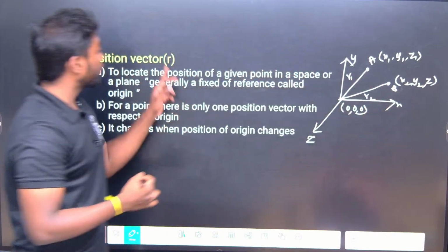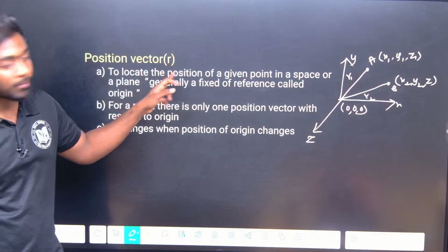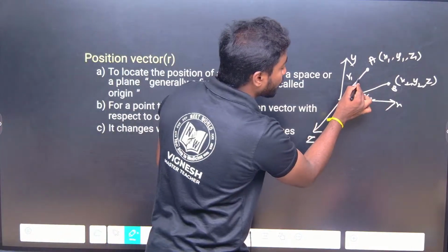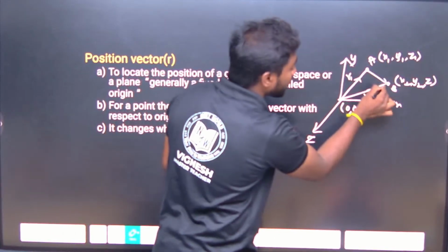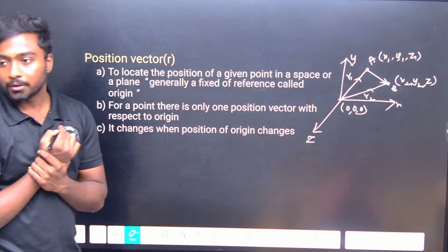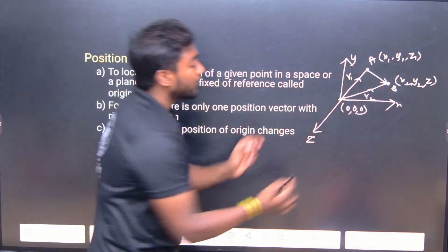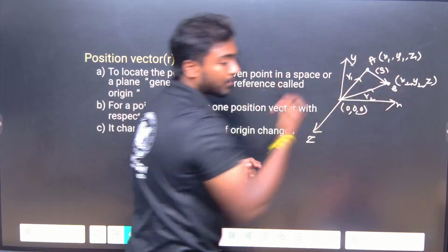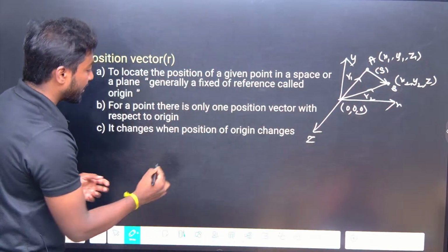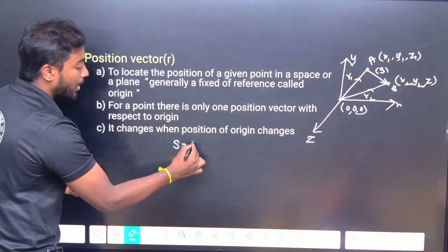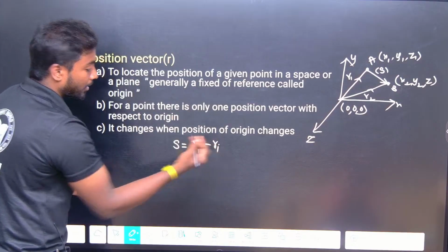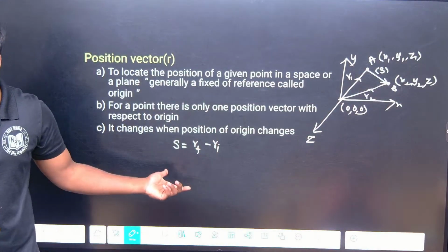Position is denoted by R, the position vector. This is my resultant vector. Here it is displaced, that is S, symbol S. S is nothing but change in position, final minus initial. Change in position is nothing but displacement.